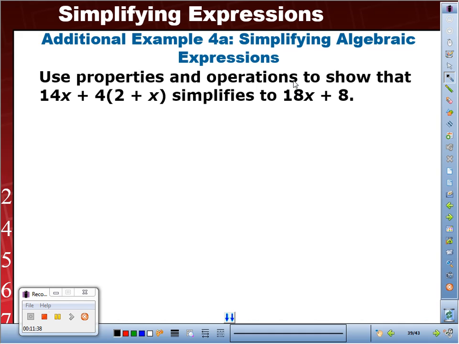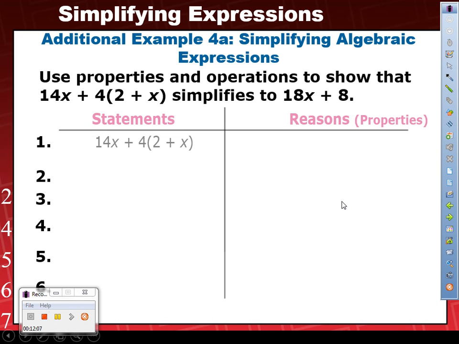Example 4 reads, use properties and operations to show that 14x plus 4 times 2 plus x, close parentheses, simplifies to 18x plus 8. So now I'm going to show you a process on how to simplify these and show that this is this. Okay? So, once you copy this, make this table, please.